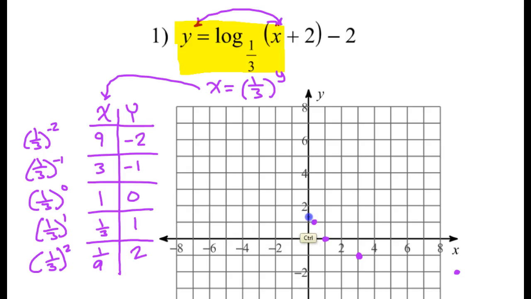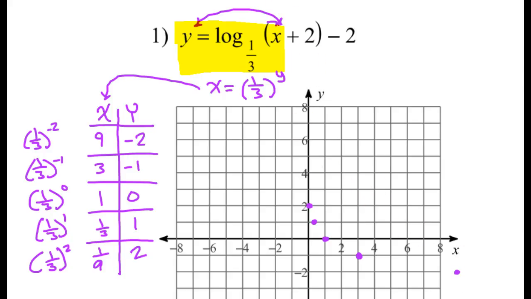And 1/9, 2. Well, 1/9 is so close to 0 that it's going to appear to touch, but we know that it doesn't. So now let's not connect the dots. All right, we can see what the parent function is doing.